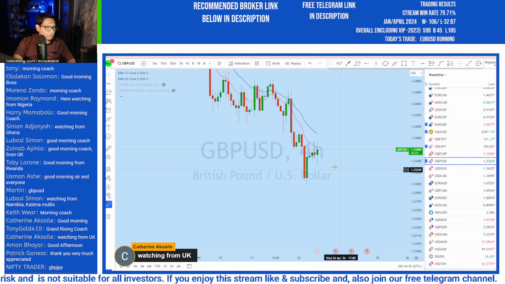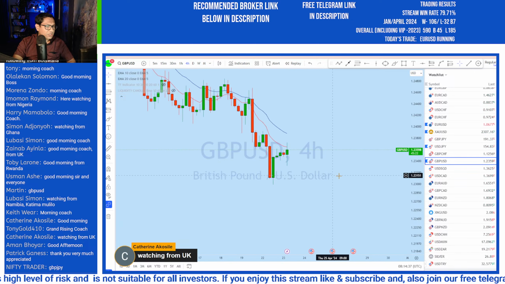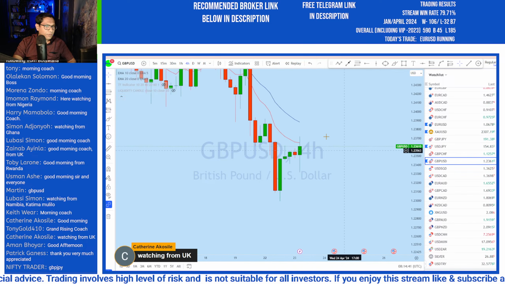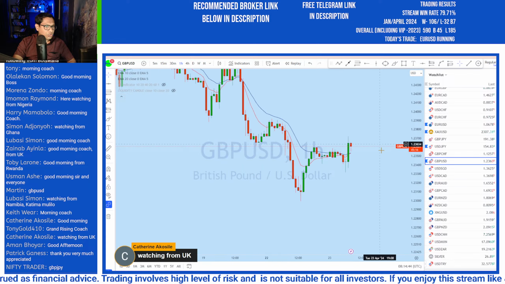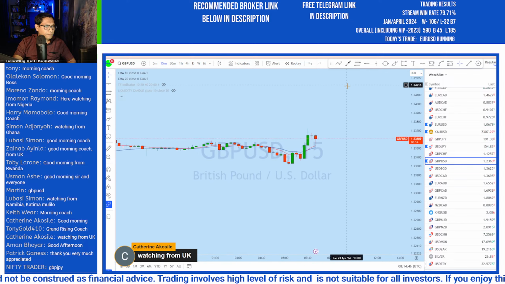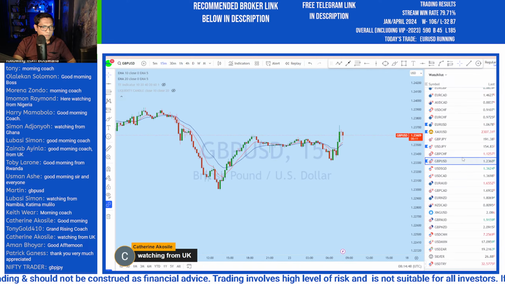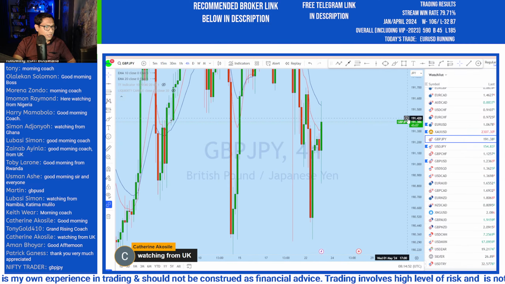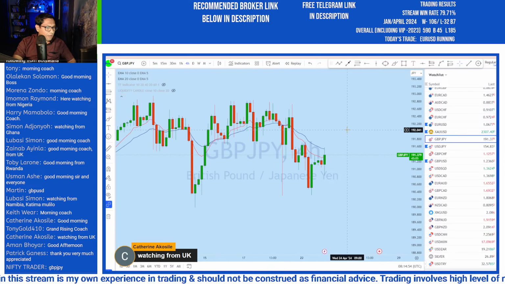So this is Gbpusd. It's trying to form a liquidity candle here. Let's see if we can find a potential entry. Guys, which one do you think the market might be bouncing off?